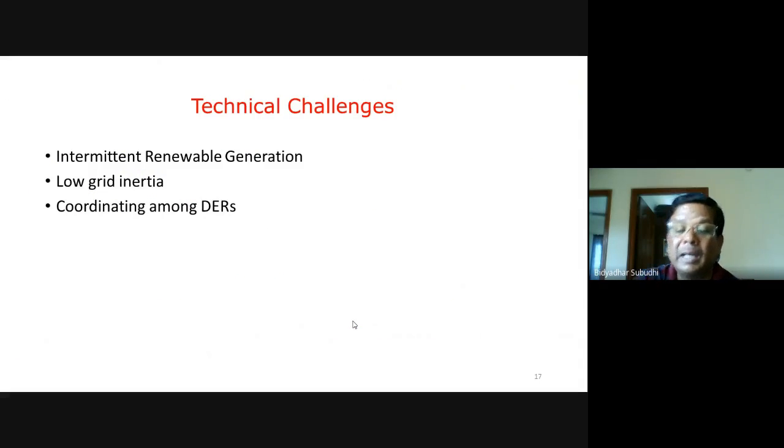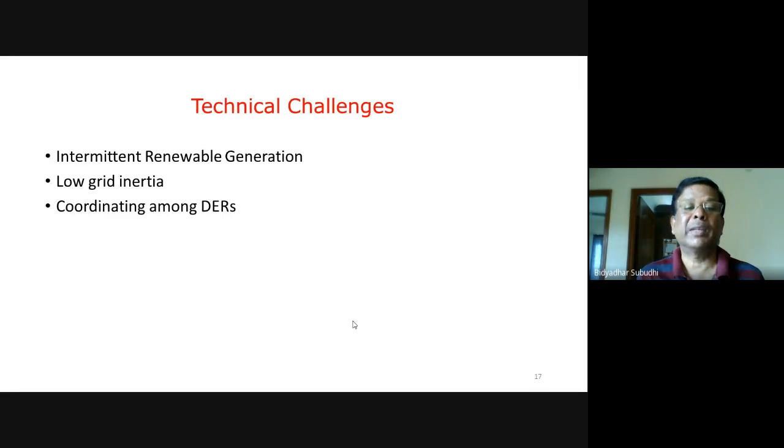But in addition to this, there are some technical challenges also. One of the problems is with the renewable generation sources connected. Although we claim that we have the facility of connecting the renewables to the microgrid, like the PV sources, for example, the solar irradiance is intermittent in nature, or the wind velocity is intermittent in nature. Therefore, the high penetration of solar may cause instability to the grid, and we need to take care of it.